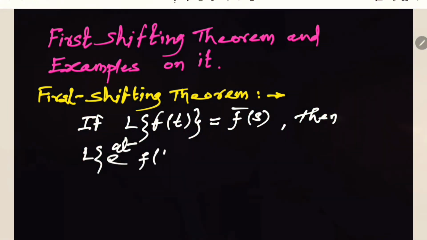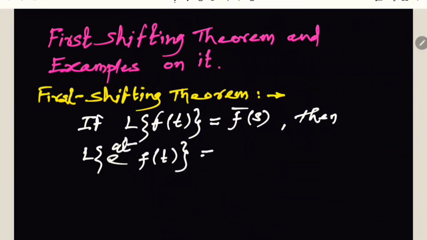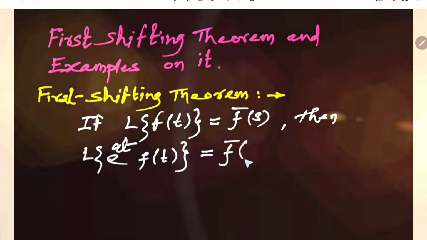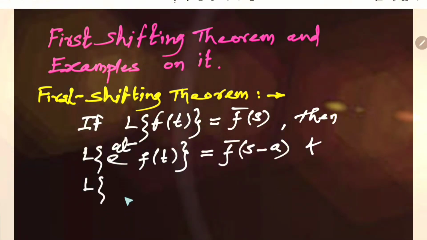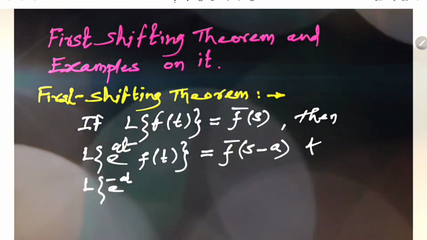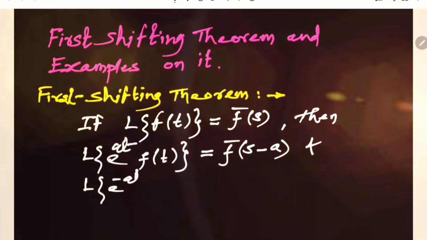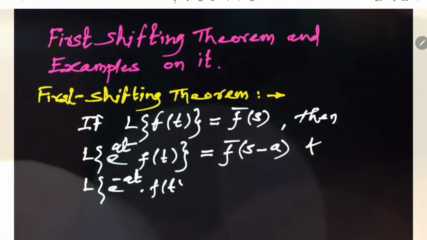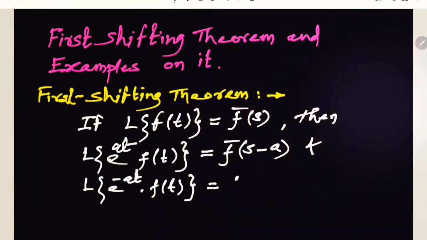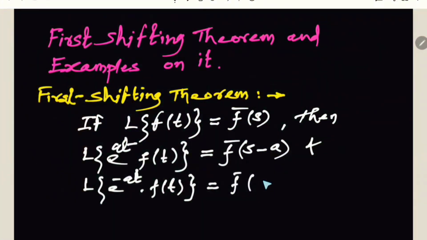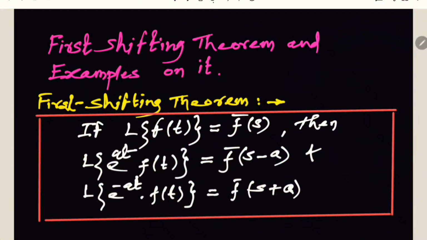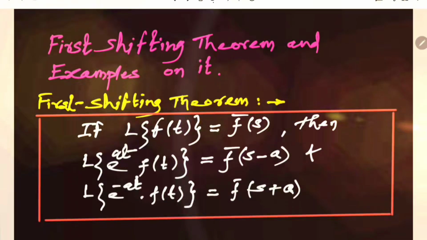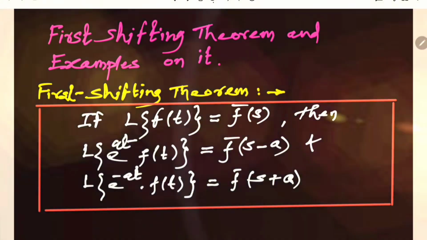If it is plus at, then its Laplace is f bar of s minus a, and if it is minus at, then its Laplace, Laplace of e raised to minus at into f of t, is f bar of s plus a. Therefore, remember this shortcut technique. If it is plus at, replace s by s minus a, and if it is minus at, replace s by s plus a. This is the statement of the first shifting theorem.